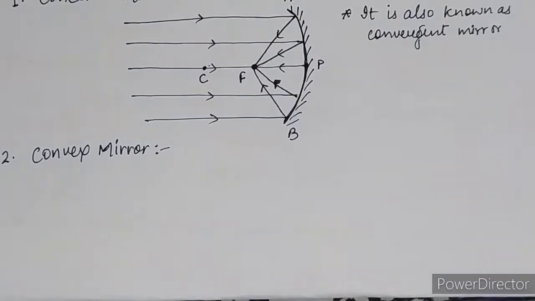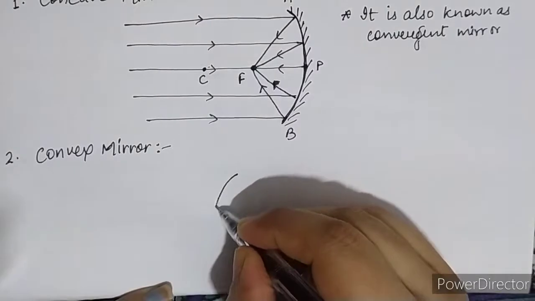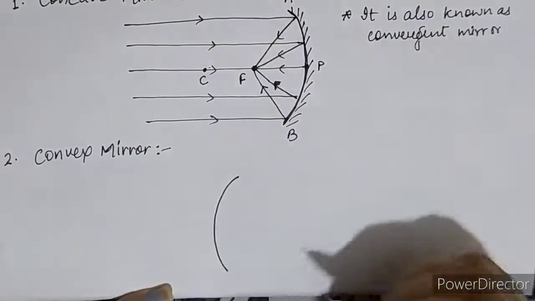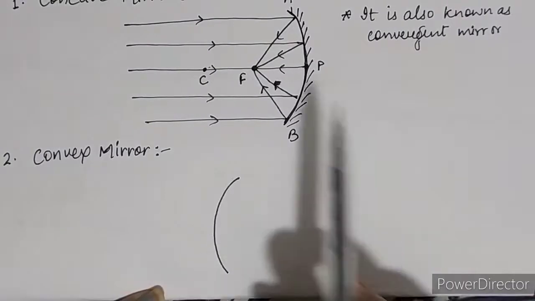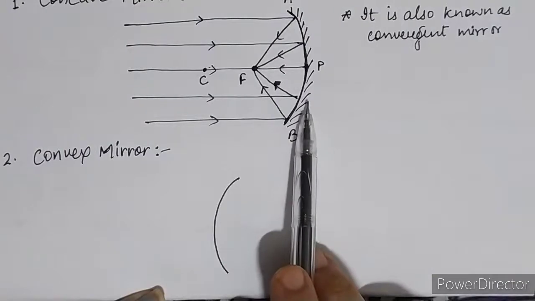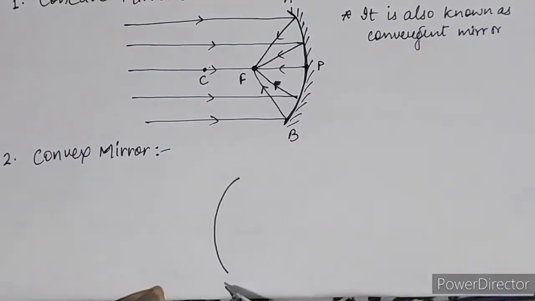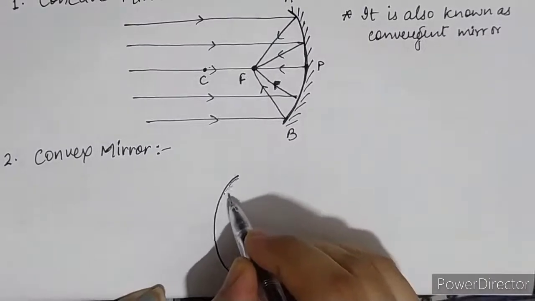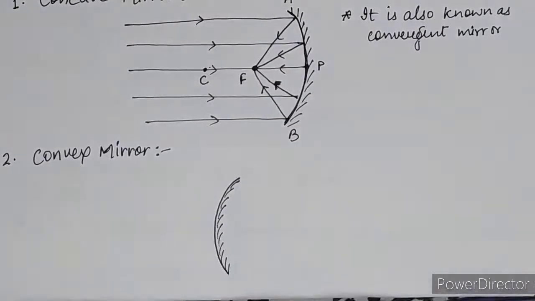Now in this convex mirror, again I am taking a part of a sphere. In the concave mirror, the inward curved surface is the reflecting surface and outward is polished, and in this, the outward curved surface is the reflecting surface and inward is polished. This one is polished.